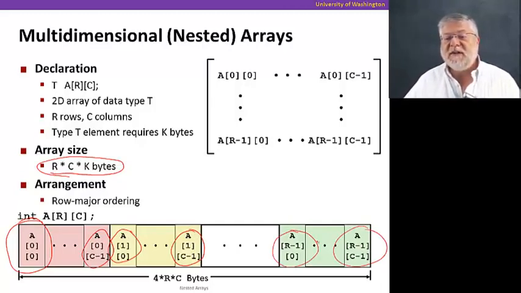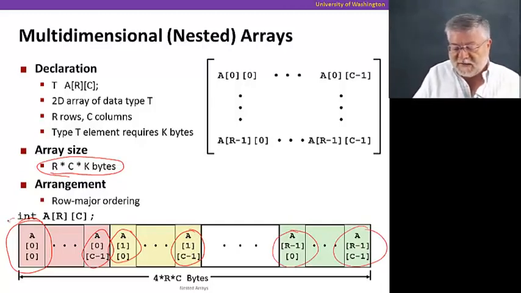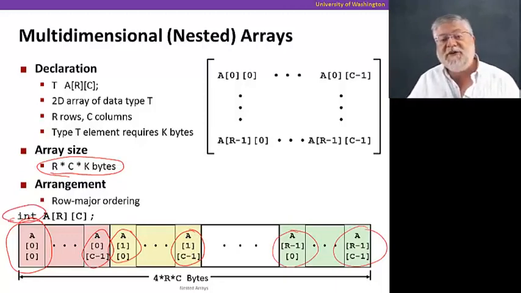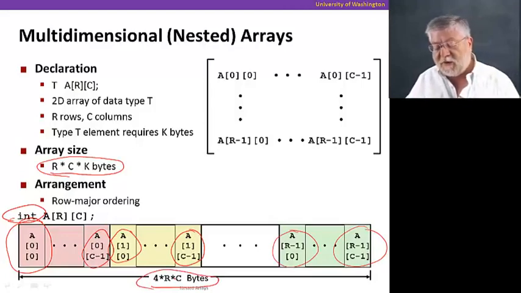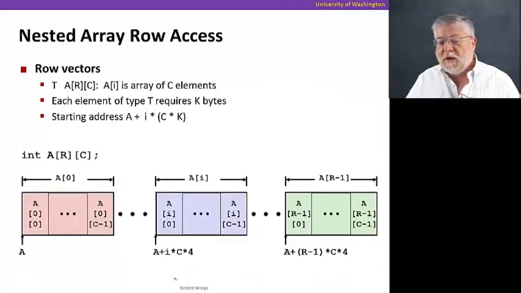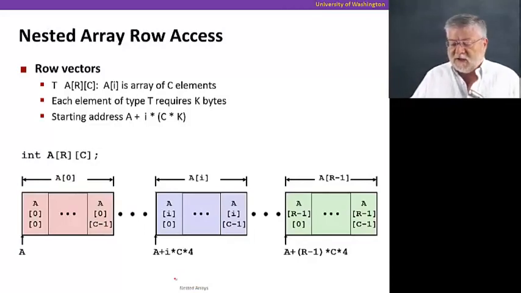And if we're talking about integers, as in this case here, we've declared an integer array, then the size of this entire area of memory will be 4 times the number of rows times the number of columns. So how do we access the elements of this array? Well, again, let's start with the starting address of the array.